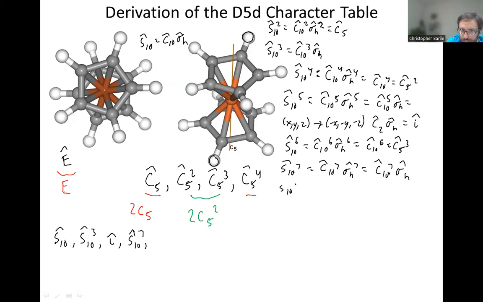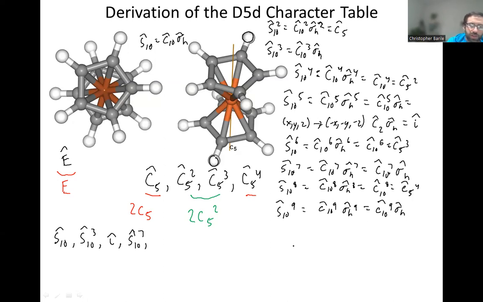And then we have S10 eight times that we can consider. That's going to be C10 eight times. We have an even number of flips with our mirror planes. That equals identity, so that goes away. C10 eight times is going to be equal to C5 four times. We have that one. And S10 nine times is going to be equal to a C10 nine times followed by sigma H nine times. An odd number of flips just equals a sigma H. And this is going to be a unique symmetry operation, S10 nine times.